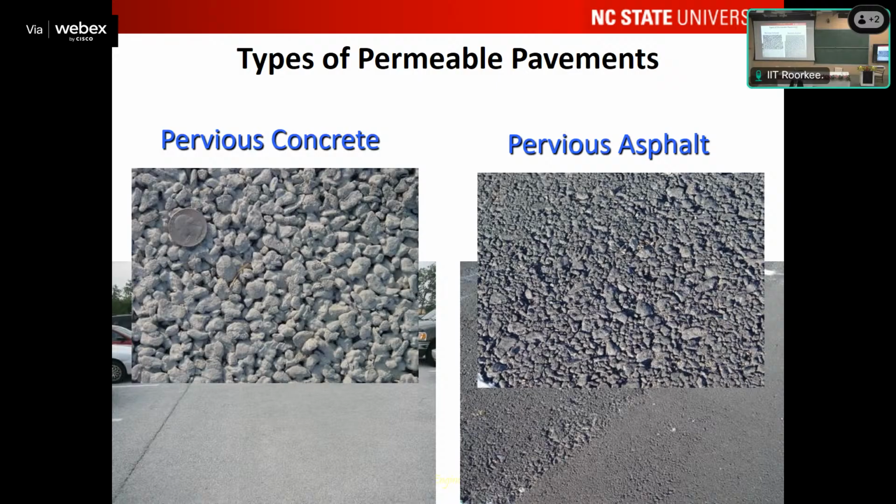Not melt so much that you couldn't drive on it the next day, but it would melt just a little bit, and then it would solidify at night. It gets cooler at night, solidifies, and it melts a little bit the next day. And eventually, that cycle of melting, solidifying, melting at the surface turns pervious asphalt into impervious asphalt, which is what you could have started with to begin with.